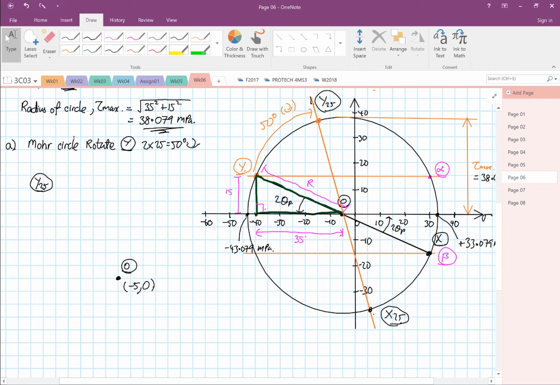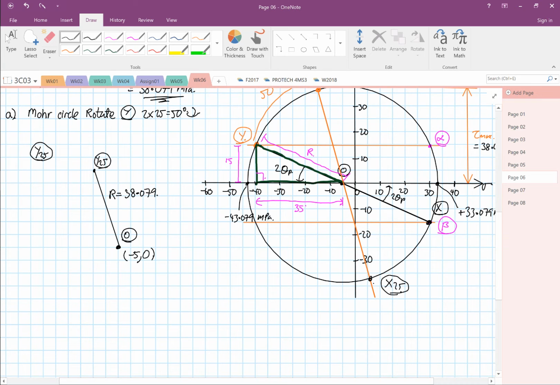Then we have our point down here, our Y25 point. I'm going to sketch a straight line. You know what I'm drawing. Our radius is 38.079, the distance from here to here.